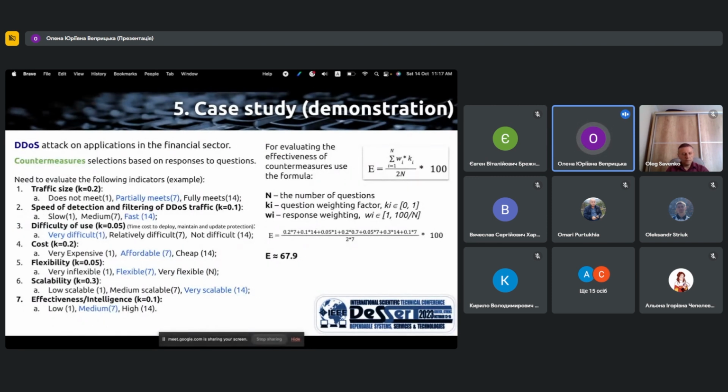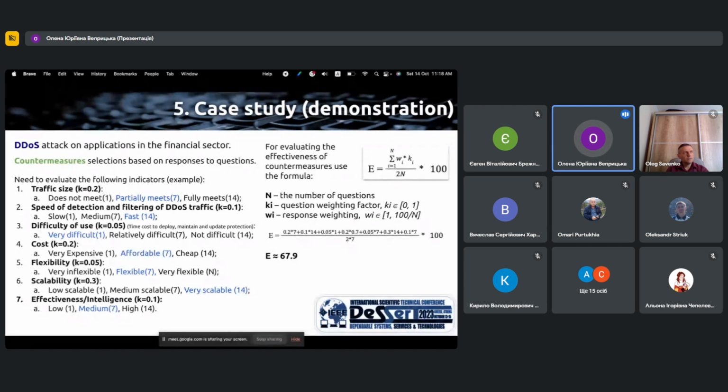Next step is countermeasure evaluation. The most important part is to choose relevant metrics and questions, set coefficients for these questions, and set a value for each answer. In this case, we're choosing parameters such as traffic size, speed of detection, difficulty of use, cost, flexibility, scalability, and intelligence.